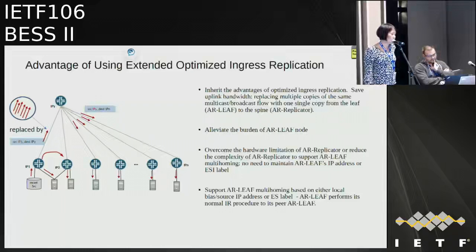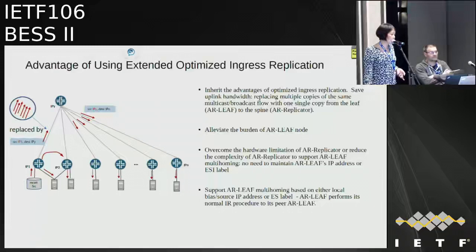Use a diagram of a leaf-spine topology. For example, I only draw one spine here. You could have many more spines, and you can do load balancing. But just for simplicity, to illustrate the benefit: say on leaf one there is a receiver, for example, receiving a multicast flow that needs to be sent to all the leaves, presumably with an interested listener behind every leaf.